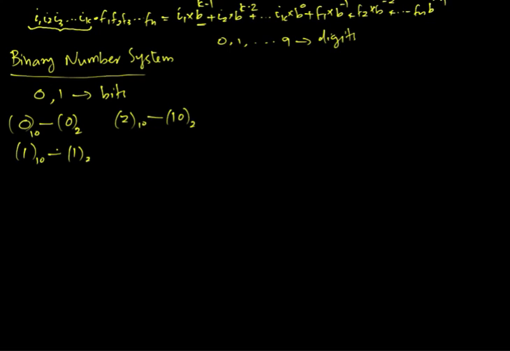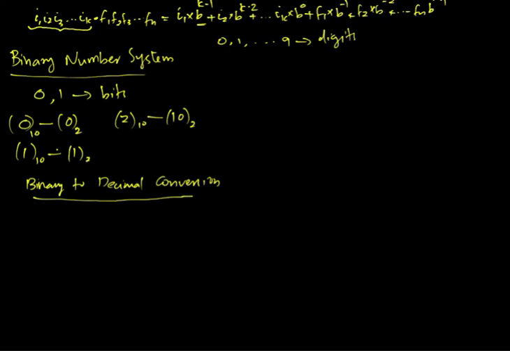First of all, we will consider the conversion of a binary number to a decimal number. So binary to decimal conversion. For that we have to consider a binary number first.